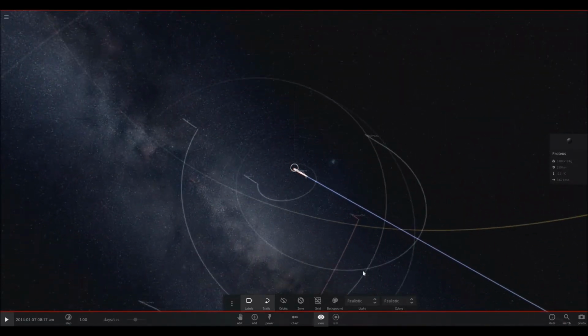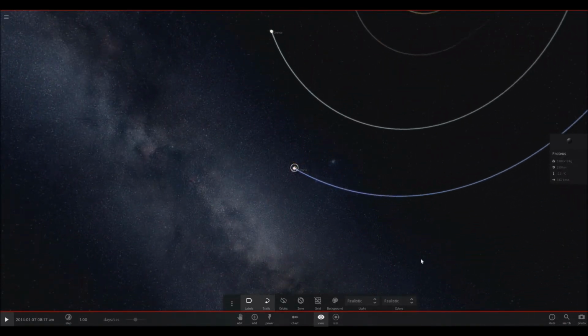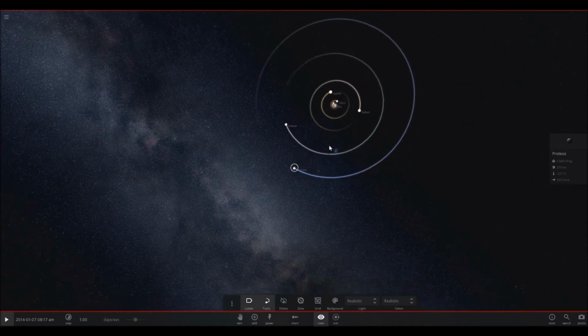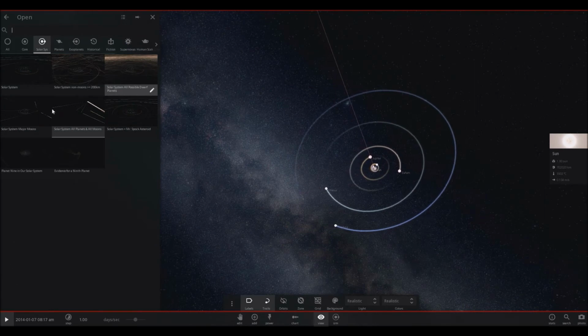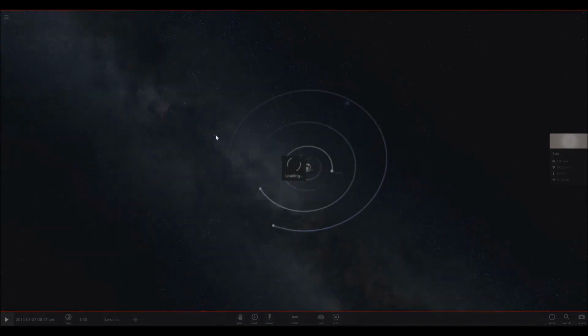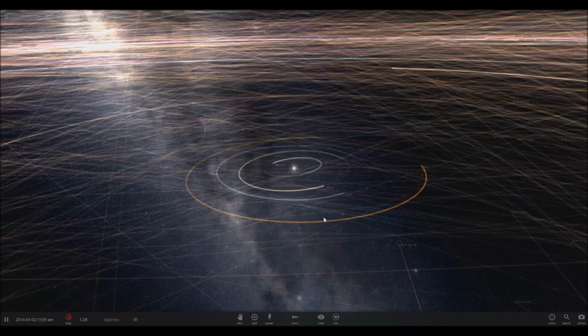If I zoom out, I'm not sure whether this simulation has actually got the dwarf planets. No, it's only got the main planets. We might be able to, there we go, all possible dwarf planets. I'm not sure whether it will have the moons. Let's have a look.